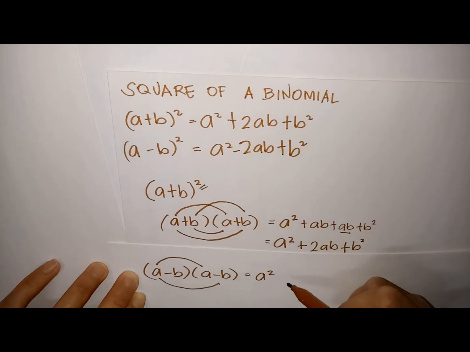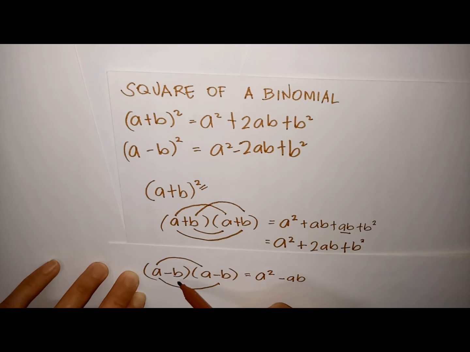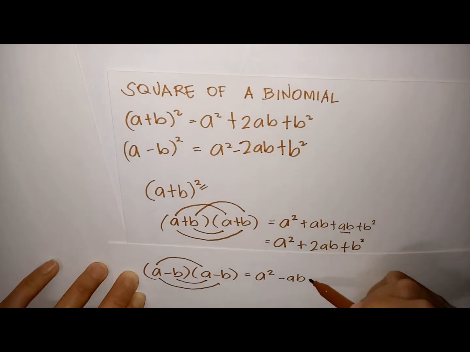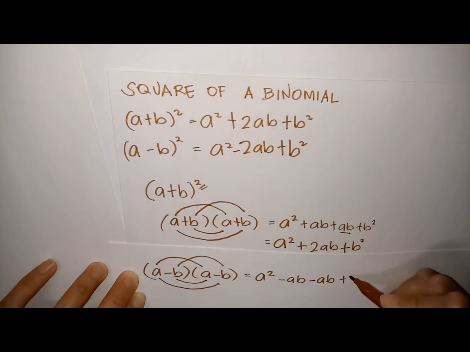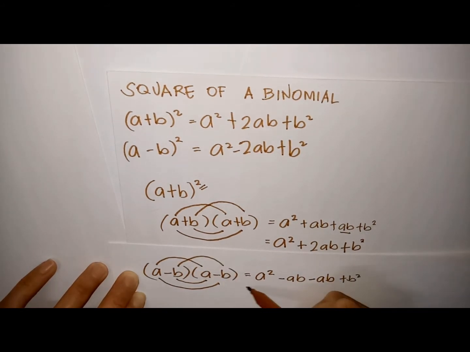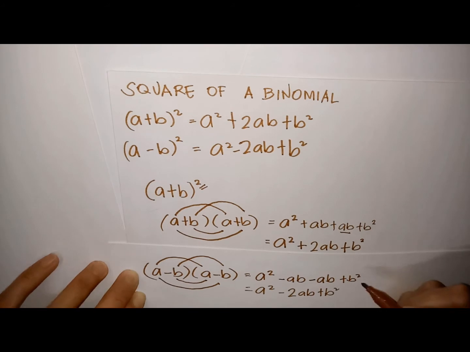So we have a times negative b. It will give us negative ab. Then inner, negative b times a is equal to negative ab. Then we have negative b times negative b, that is positive b squared. So combining like terms, we have a squared minus 2ab plus b squared.